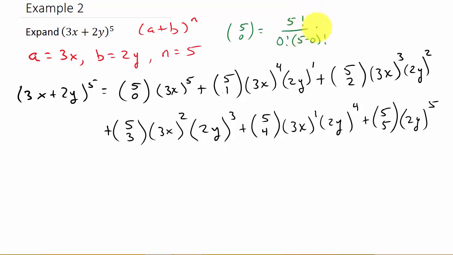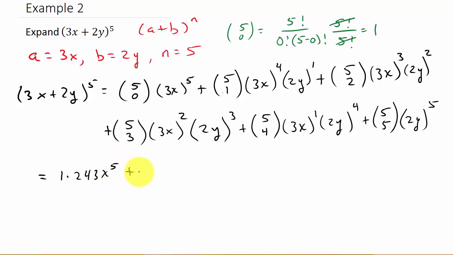All right, so this is going to be what? 5 factorial over, well, 0 factorial is 1, and then 5 minus 0 is 5, so that's 5 factorial, and you can see the 5 factorials cancel out, and that gives us 1. All right, so this is going to equal 1 times, and then this is 3x to the 5th, so we need to figure out what 3 to the 5th is. 3 to the 5th is 243, so 243x to the 5th.